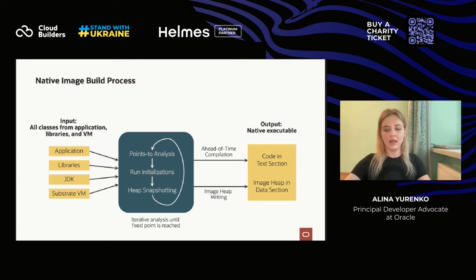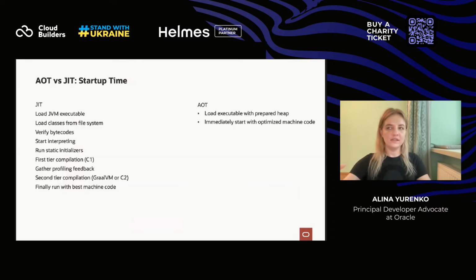So to compare how much faster the native image mode is compared to JIT and where this difference in time and resource usage is coming from, if you're looking at how your application is executed in JIT mode and in native image mode, you can see even visually without reading how much longer the list of operations is in the JIT mode, right? So for your application to run in the JIT mode, you need to do the following.